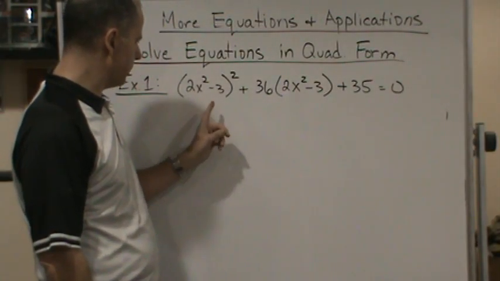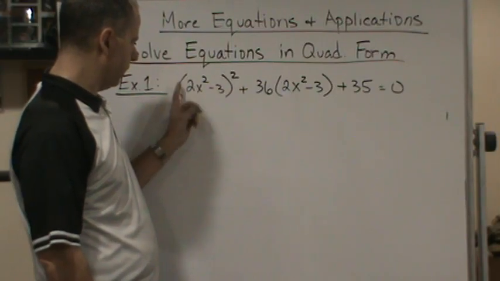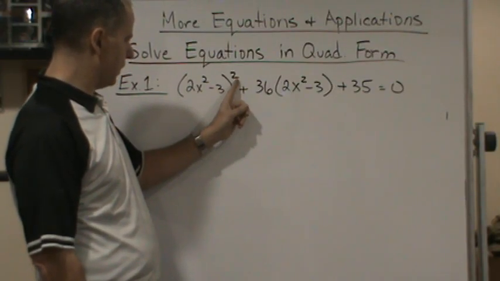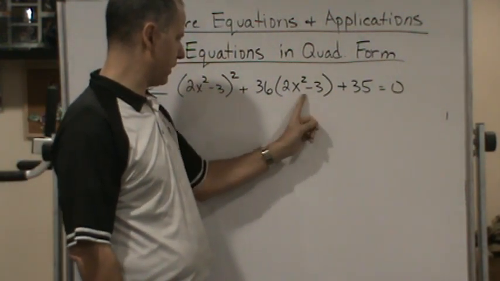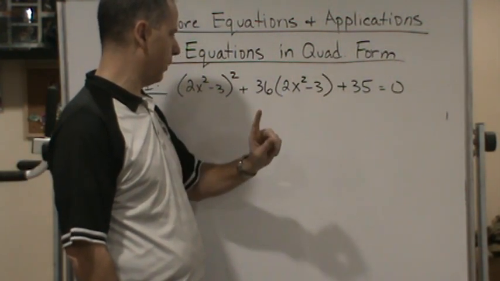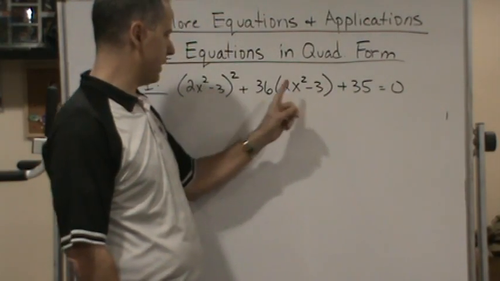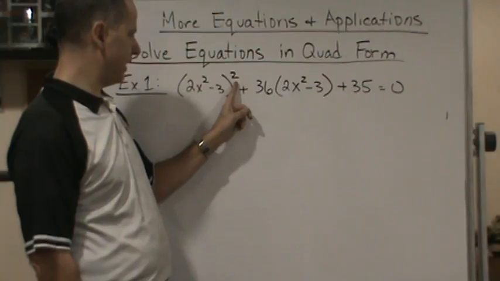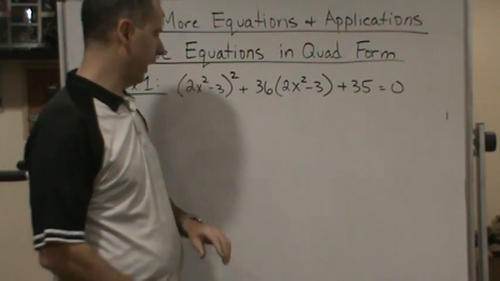But if you notice that this term here is squared, but this term here has the exact same expression, but it's not squared, okay? So anytime this exponent is half of this exponent, we have what's called quadratic in form, okay?